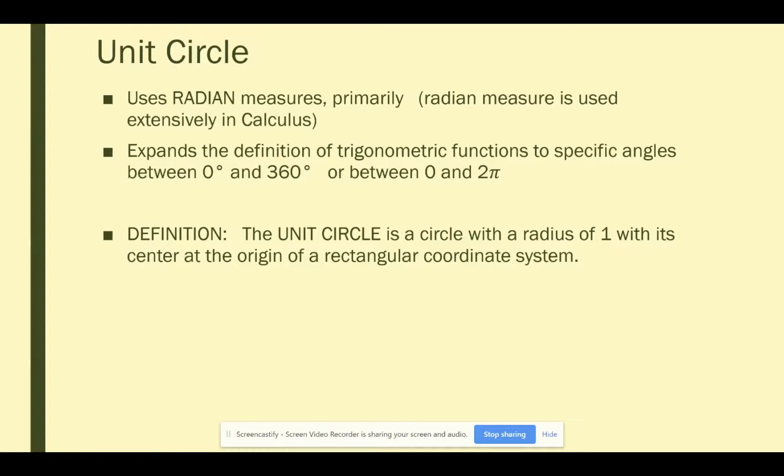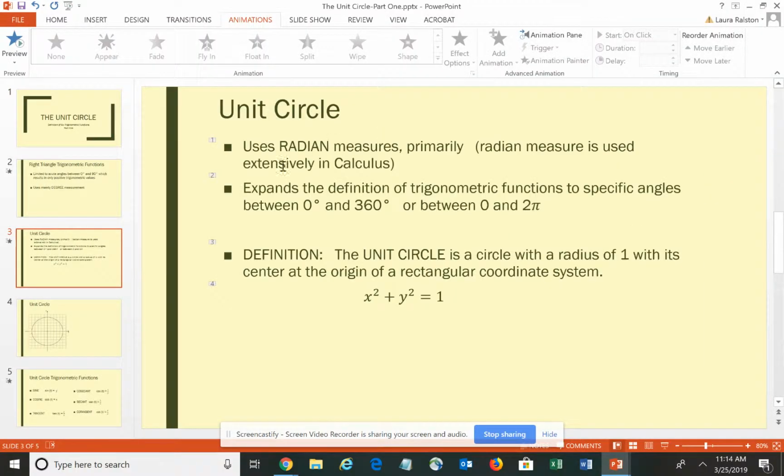So the definition, what is a unit circle? If we're going to talk about it, what is it? The unit circle is a circle with a radius of 1 with its center at the origin of a rectangular coordinate system. So let me see if I can sketch you a rough picture.